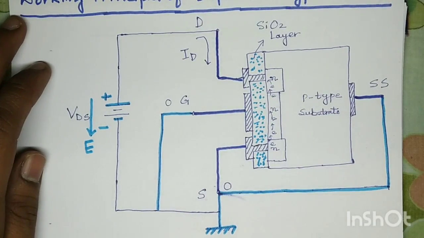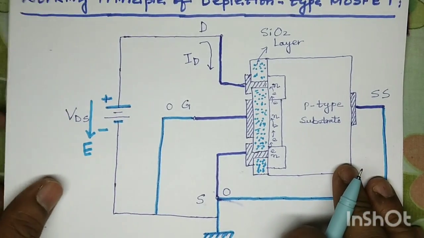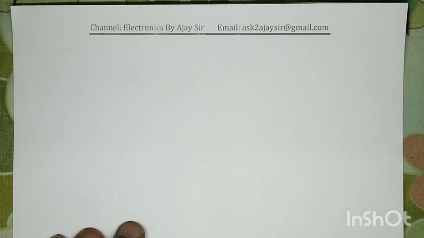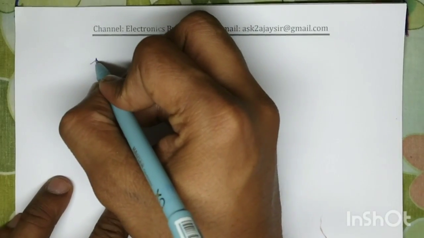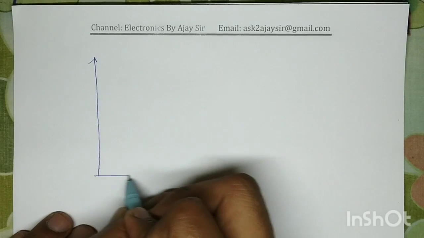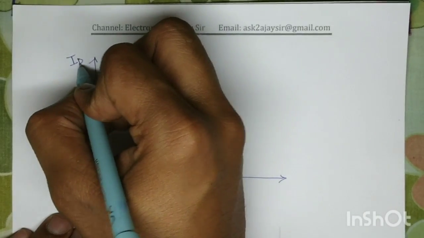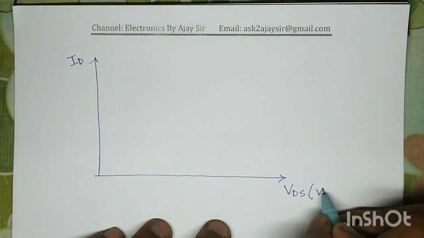All right, so we will draw one characteristics plot, the graph between drain current ID versus drain to source potential VDS.